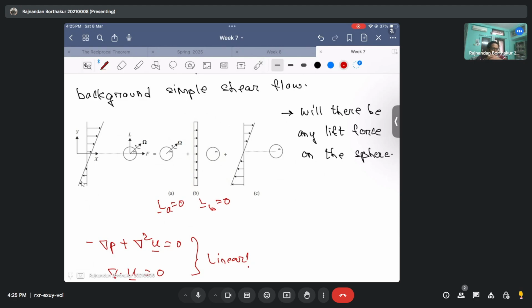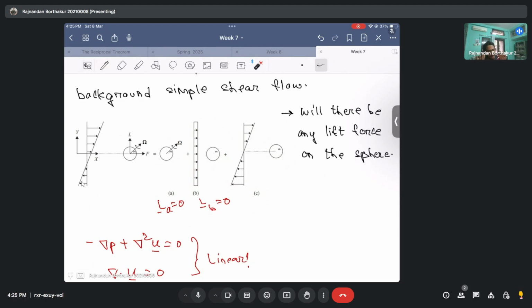But no lift force, because there is no mechanism which can generate lift in this manner. And also in case C, there won't be any lift force, because this shear flow, which has the same center as the stationary sphere, you can prove that it will not exert any net force on this sphere. It will exert a net torque.